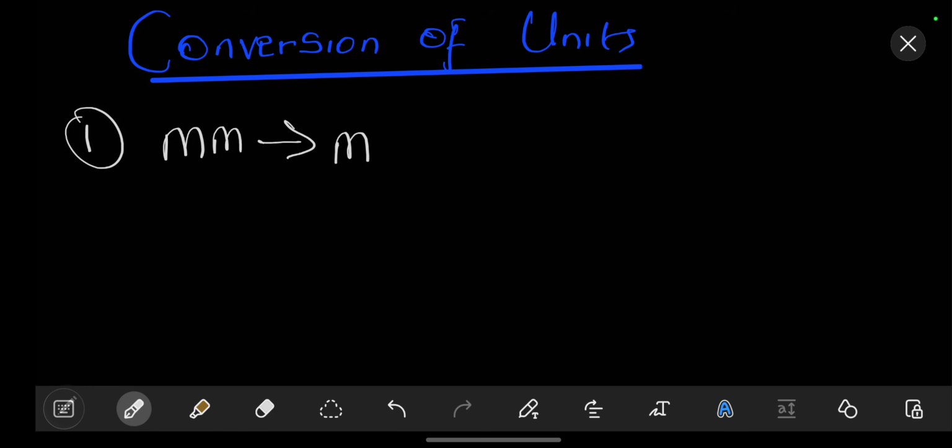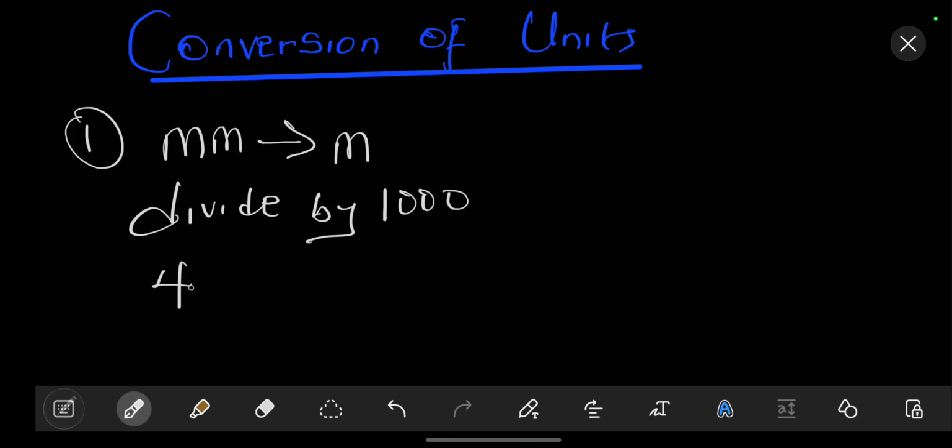Now, for you to convert millimeter to meter, you have to divide the value in millimeter by 1000. So you divide what you have in millimeter by 1000. Simple as that. So let's say we want to convert 400, for instance now, 400 millimeter to meter.